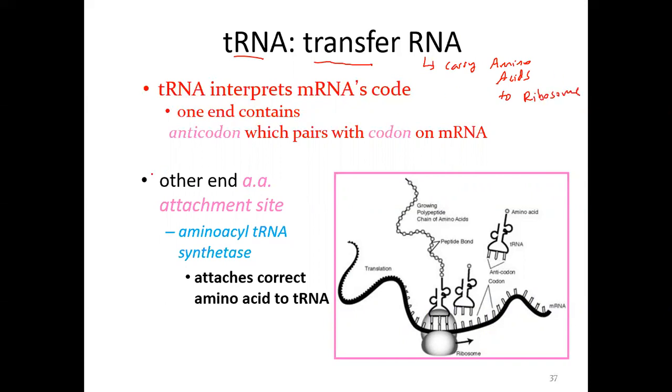Now, tRNAs have one end that contains what's called the anticodon, which pairs with the codon portion of the RNA. I'll show you what that looks like in just a minute, but a codon is the triplet that is read by your tRNA.